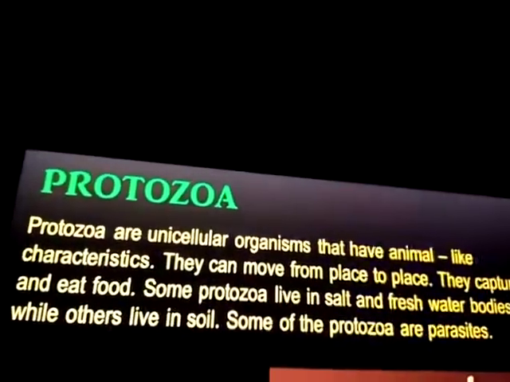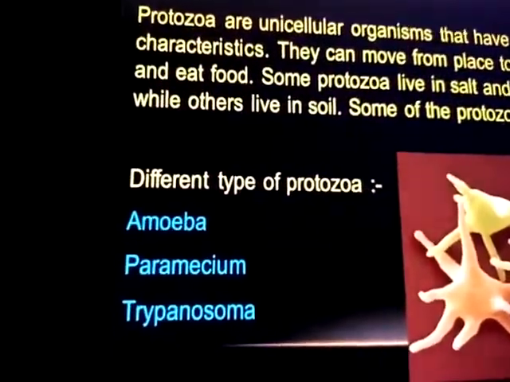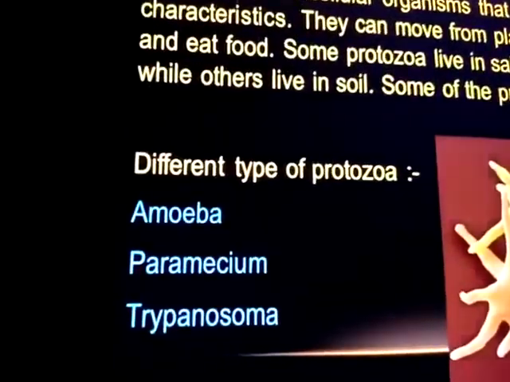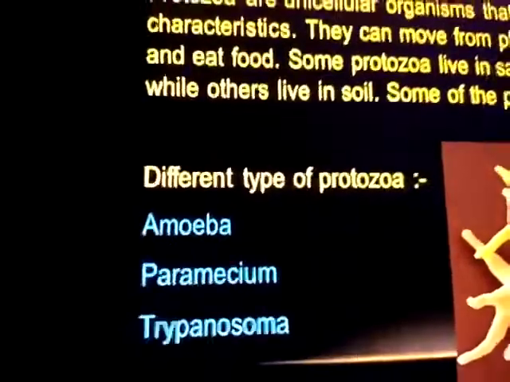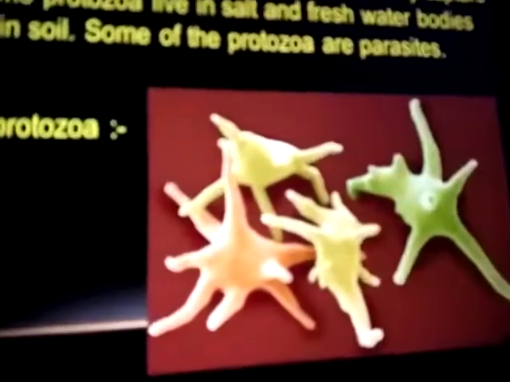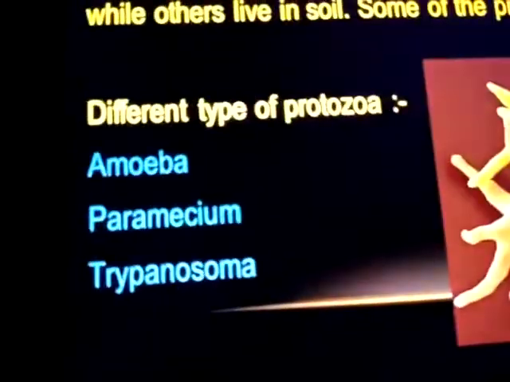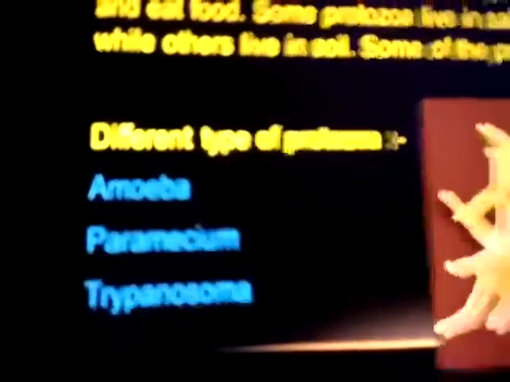Some protozoa are also parasites. Different types of protozoa are amoeba, paramecium, trypanosoma. And this is how they look under the microscope. Paramecium, amoeba, and trypanosoma. You are very much familiar with amoeba. Now we are going to see about the fungi.